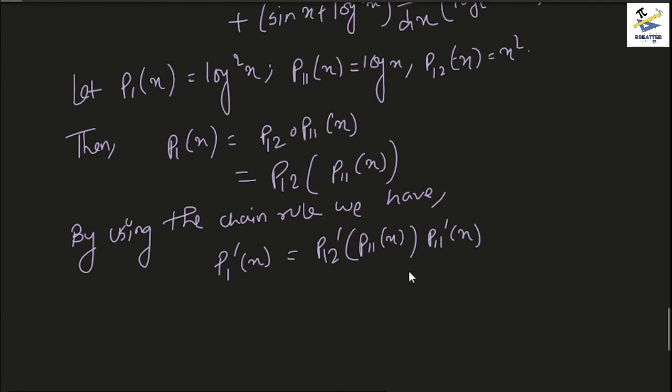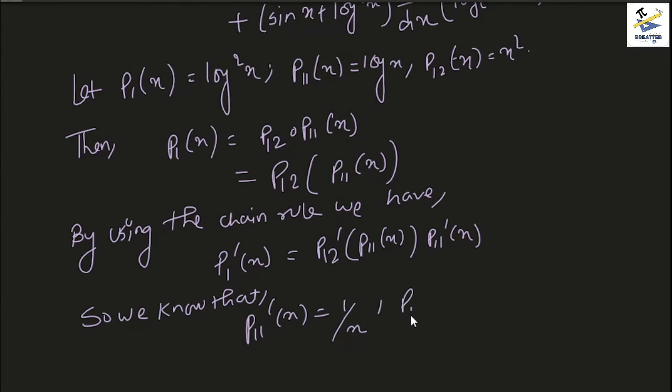So what is p12 prime x? Since these are basic derivatives, we can list them out collectively: p11 prime x is just 1 by x and p12 prime x is just 2x, right?